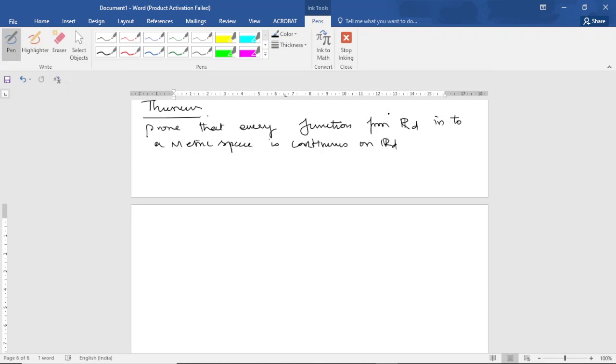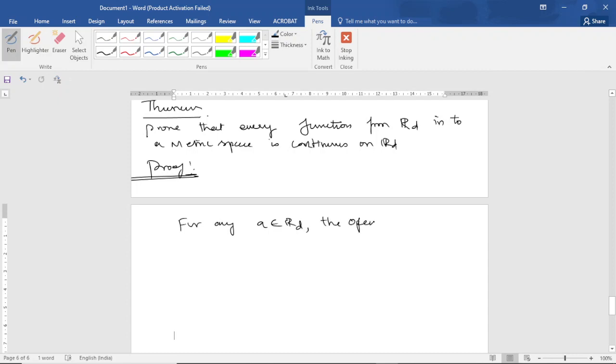So how to prove this one is, you take any element A in RD.